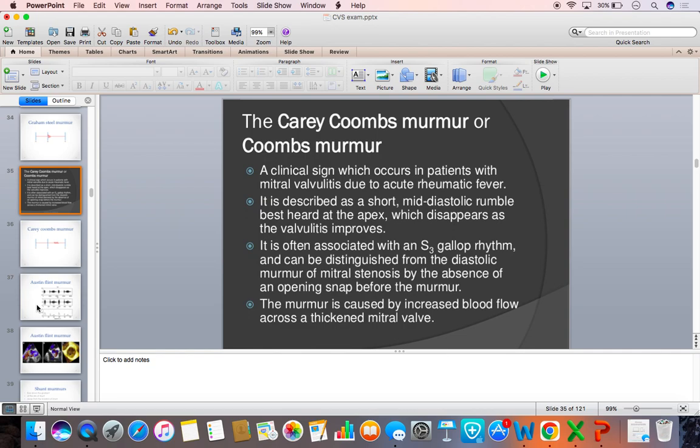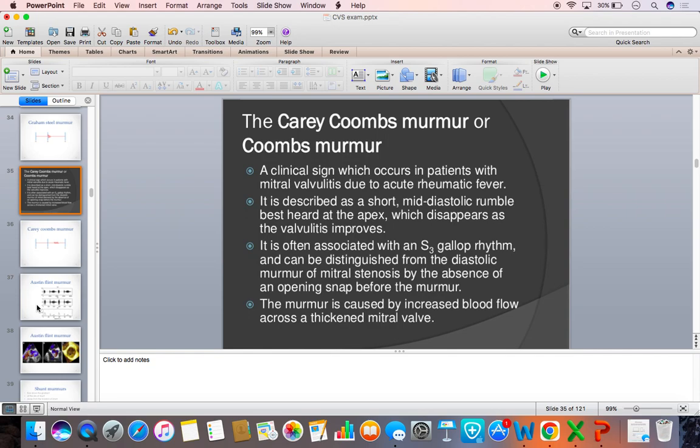Carey-Coombs murmur occurs in acute mitral valvulitis. It is a mid-diastolic murmur, often associated with an S3 gallop, caused by the increased flow across the thickened mitral valve.